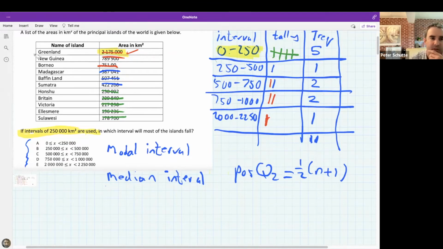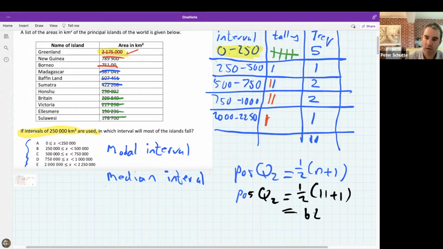So what is the position going to be? Okay, it's going to be the 6th position.